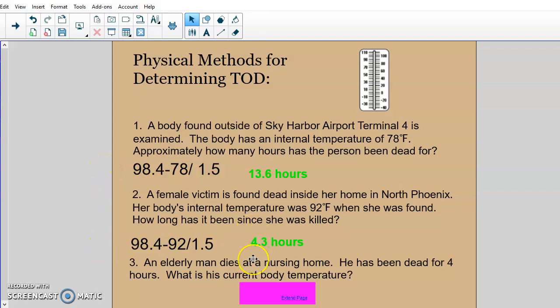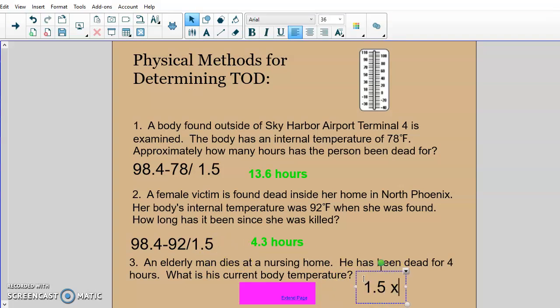So if we want to figure out what his current body temperature is, we know that he started at 98.4 degrees and he's losing 1.5 degrees an hour. So you can do 1.5 times 4, right? Which would be 6.